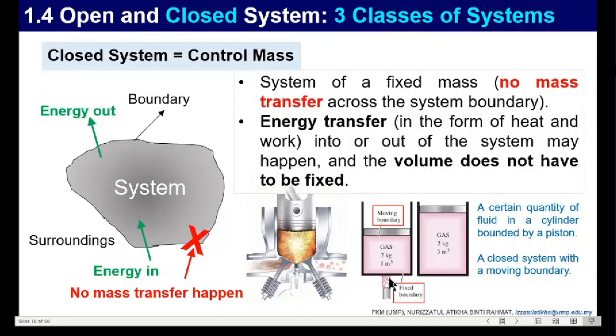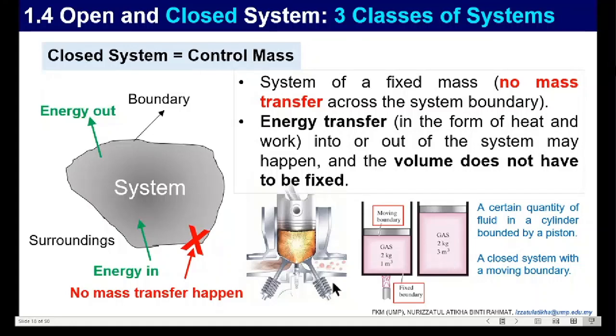When this piston is heated, the moving boundary is moved, from 1 meter cubic to 3 meter cubic. See, volume does not have to be fixed. That is why 1 meter cubic becomes 3 meter cubic.